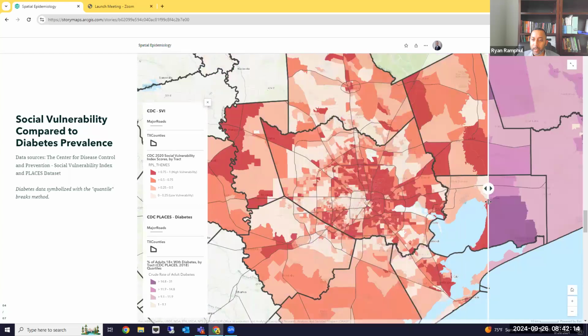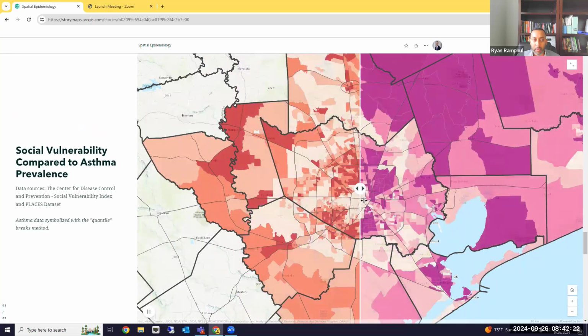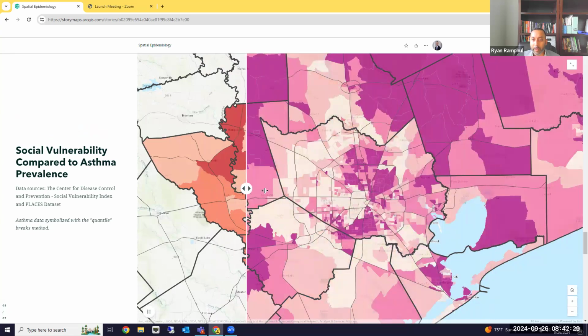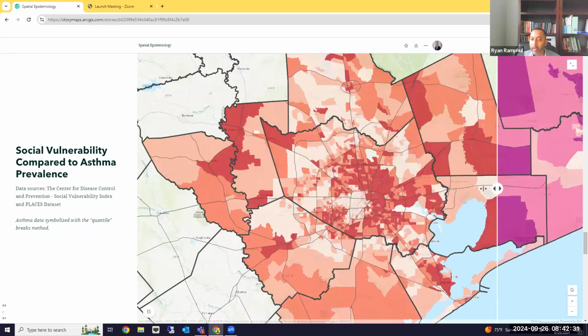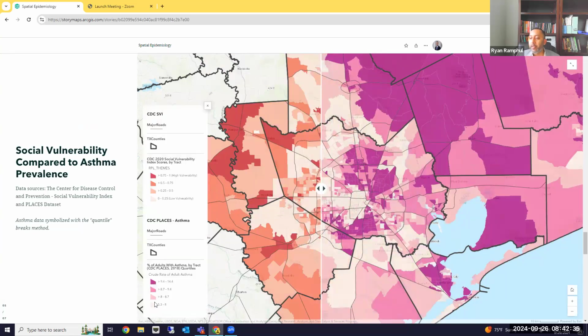Now, it even manifests in non-diet related conditions. Let's take a look at another one. This is asthma. High vulnerability, high asthma rate. It's interesting. I mean, you can go down the list of health outcomes and you'll find that oftentimes they take a specific spatial pattern in this city.